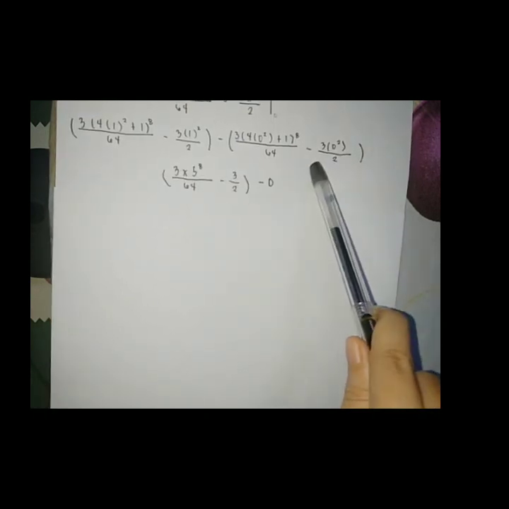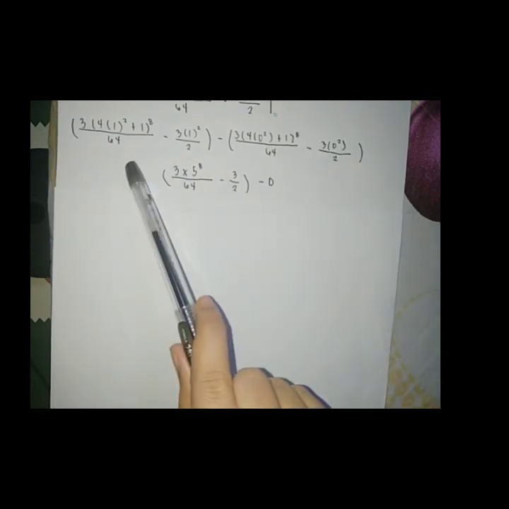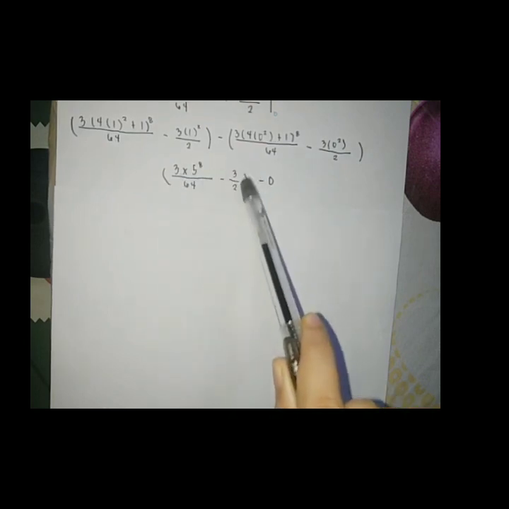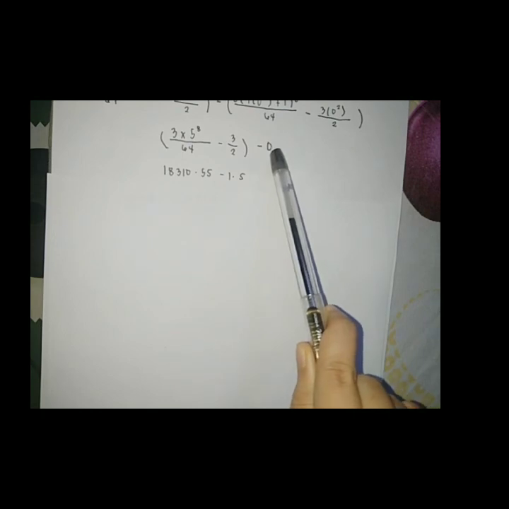Since the second part has 0, we get 0 there. And the first part is 3 times 5 raised to 8 over 64 minus 3 over 2. That gives us 18,310.55 minus 1.5. So approximately, the answer I got is 18,309. And that is where it ends. Thank you for listening.